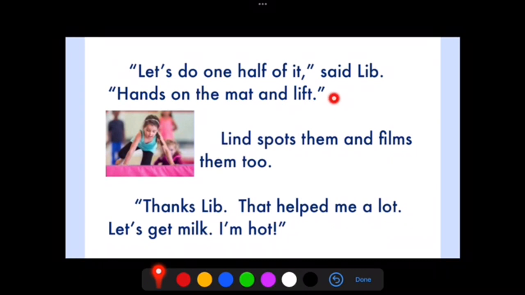Hands on the mat and lift. Lind spots them and films them too. Thanks, Lib. That helped me a lot. Let's get milk. I'm hot.